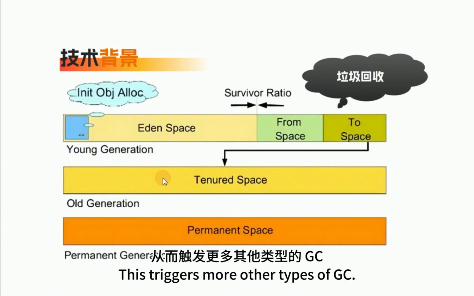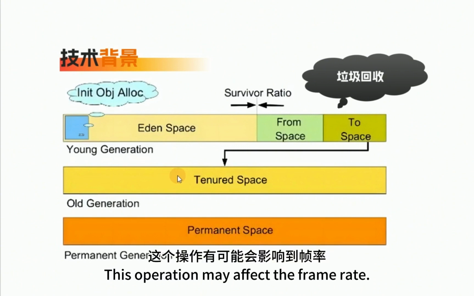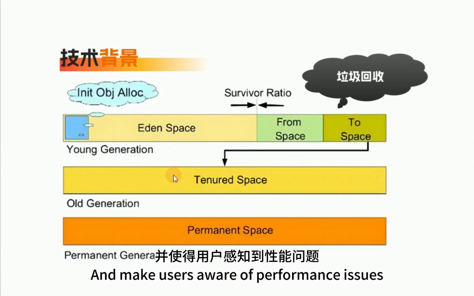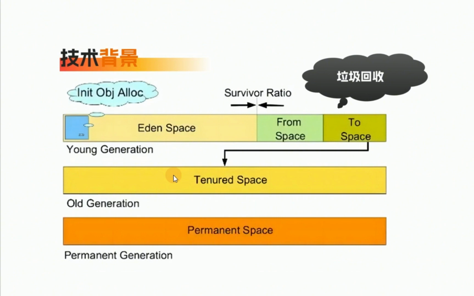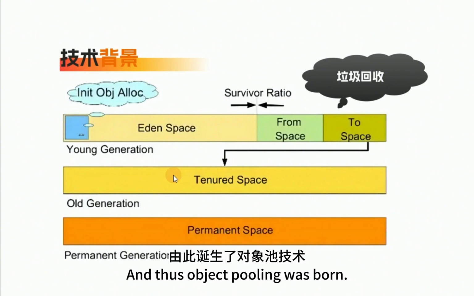This triggers more other types of GC. This operation may affect the frame rate and make users aware of performance issues. How to solve these kinds of problems? And thus object pooling was born.